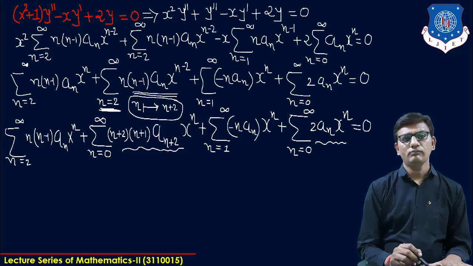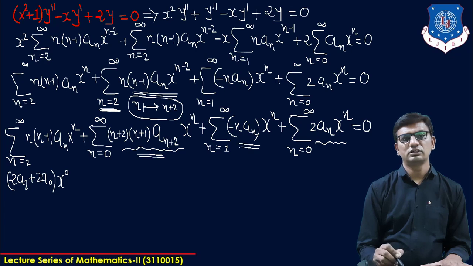So putting n = 0 in these two summations, we get 2a2 + 2a0 times x^0, plus, now we put n = 1 in these three summations: the second summation, third summation, and last summation.